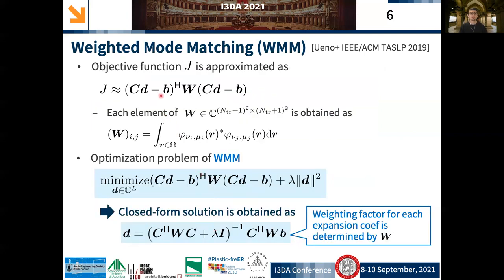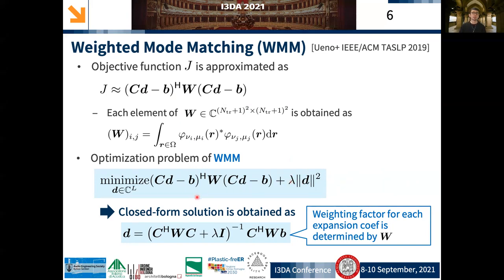The previous objective function, including regional integration, can be approximated by the series expansion as this equation. Here, C and B are expansion coefficients, and W is the weighting matrix defined as this equation. Then the optimization problem of WMM is described as this equation, which is the minimization problem of this cost function with the regularization term.